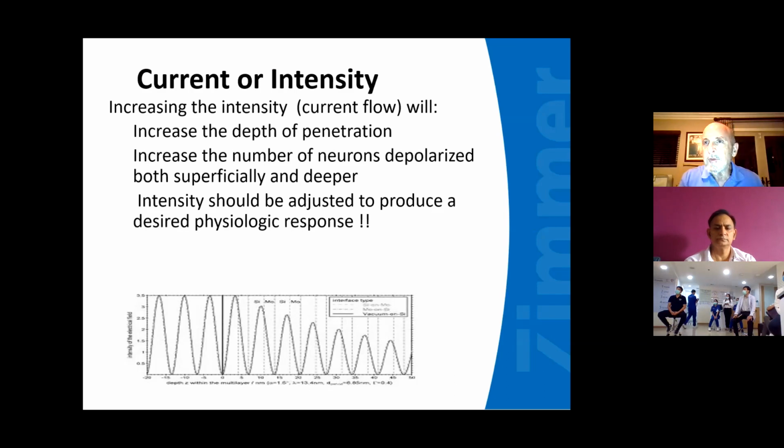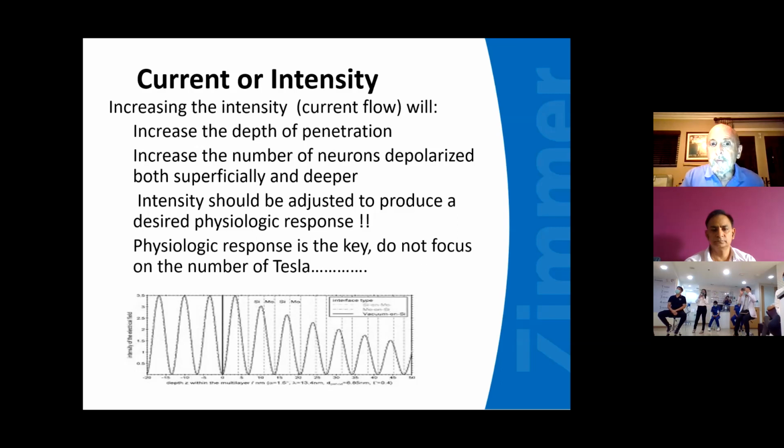With muscle re-education, we want to take it past that twitch to a contraction, somewhere between 20 to 30 hertz. But if we're looking for pain management, then we're just looking to get to that sensory threshold, 2 to 9 hertz, something like that. So physiological response is the key, not the number of Tesla on the dial. Remember that.